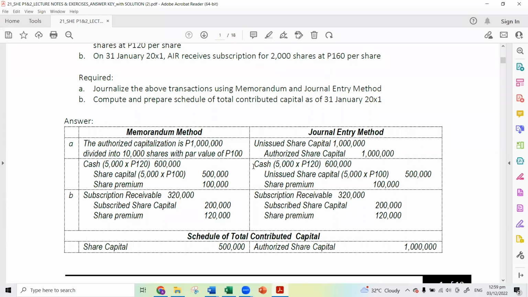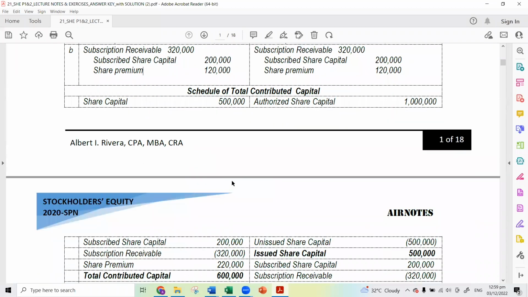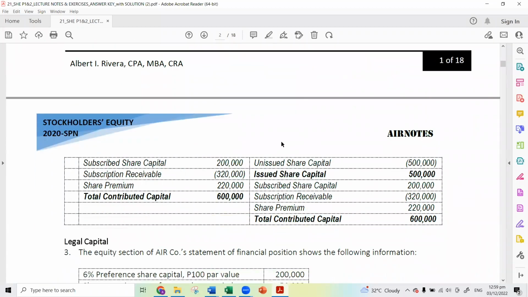And share premium is credited at the subscription date, even for subscriptions that are not yet paid. Even for subscriptions that are not yet paid, ginagamit natin si share premium. So let's proceed with the computation of the total contributed capital.